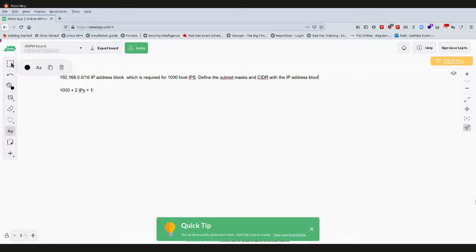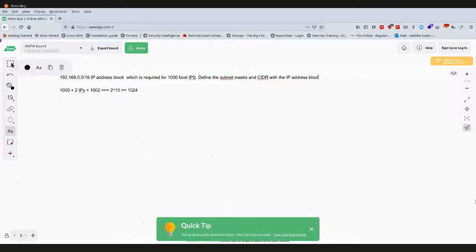Now the number of IPs we actually require is 1,002. Whenever you require 1,002, what is the nearest power of 2? It's 2 to the power 10, which is 1,024.